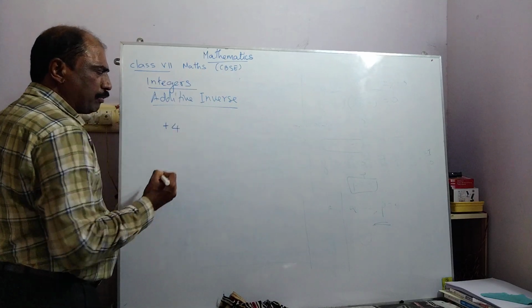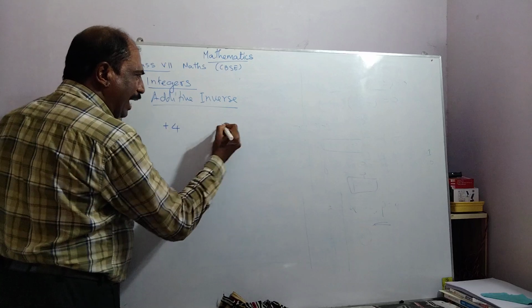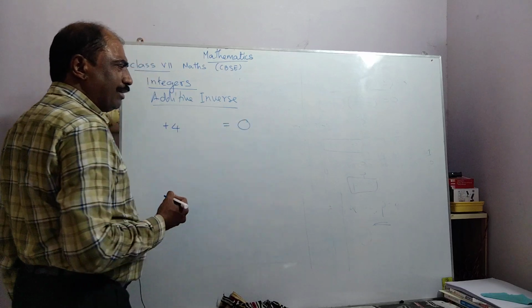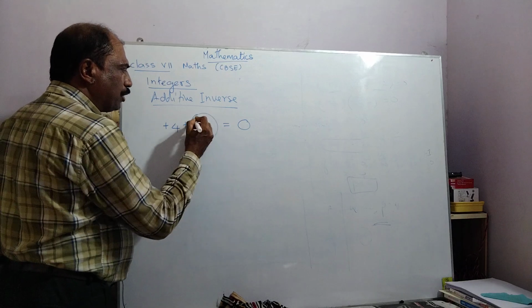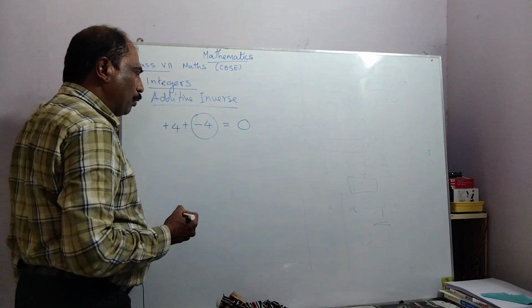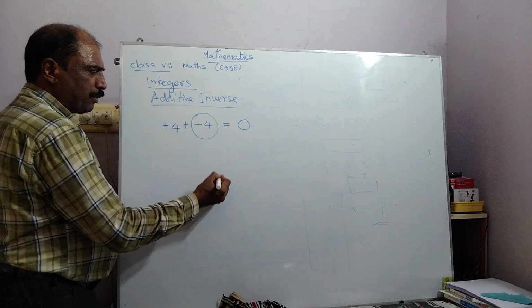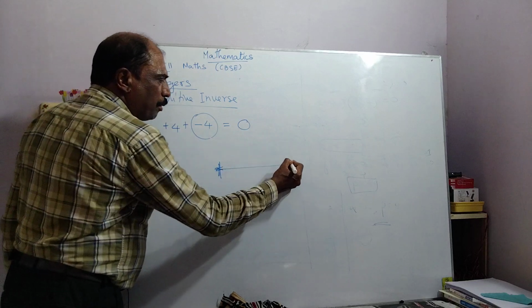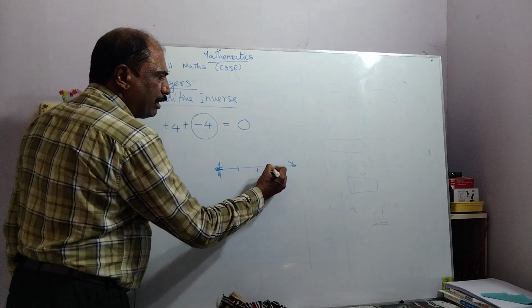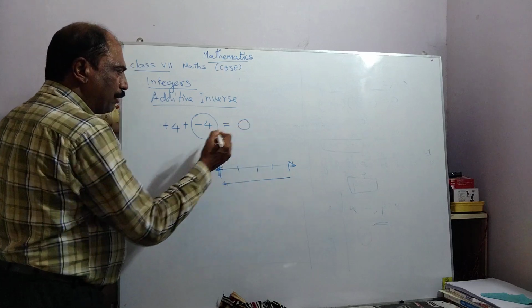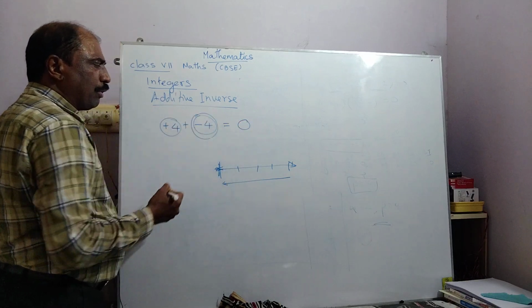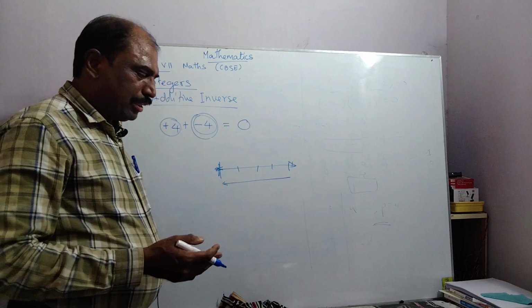Suppose plus 4. What on adding to this gives 0? The opposite one, minus 4. Suppose the starting point is here, plus 4, 1, 2, 3, 4, and coming back, minus 4, that gives 0. So plus 4 and minus 4 are additive inverses of each other.